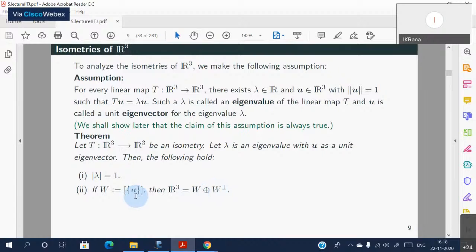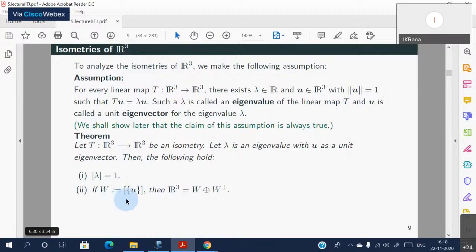So W is a one-dimensional space and the orthogonal complement of that is W perpendicular. So you can split R3 into two parts, and because u is an eigenvector for eigenvalue lambda, W is invariant under T.